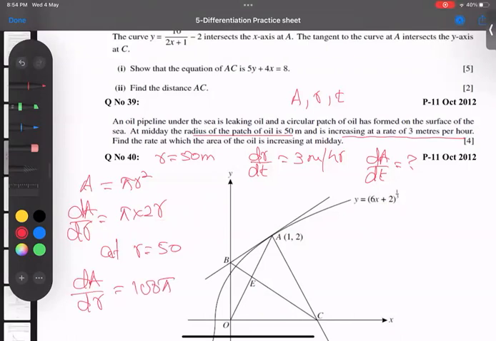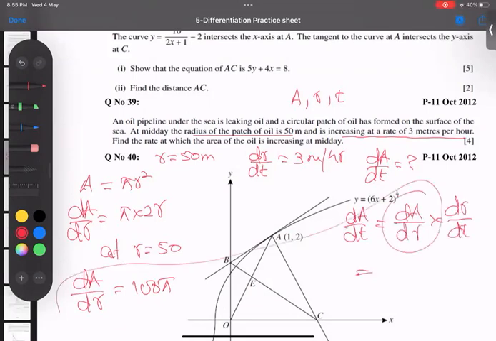Now what is my task to find? You know it very well, dA by dt. So by chain rule, dA by dt is my concern. I write two fractions, dA here, dt here, and dr comes here, dr comes here. dA by dr we have as 100 pi, and dr by dt we have as 3.